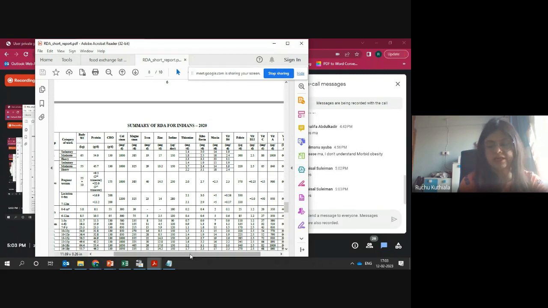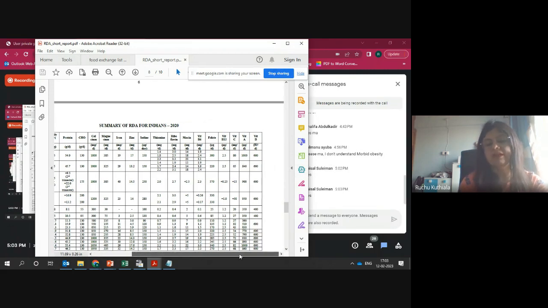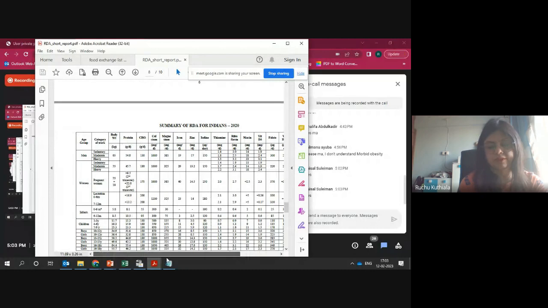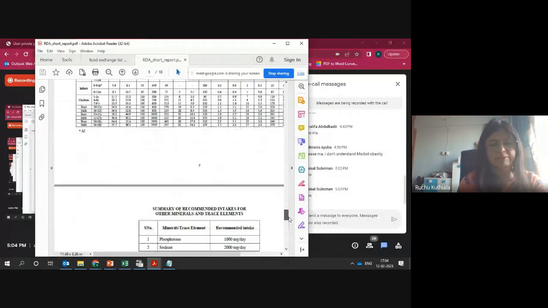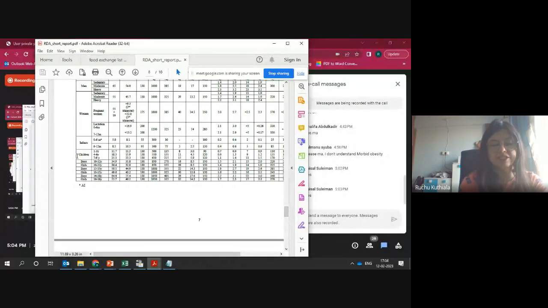It is given for everything till vitamins as well, right? And for infants and children, even the adolescents are covered till 18 years. So what should be their body weight and what do they require? Everything is covered over here.